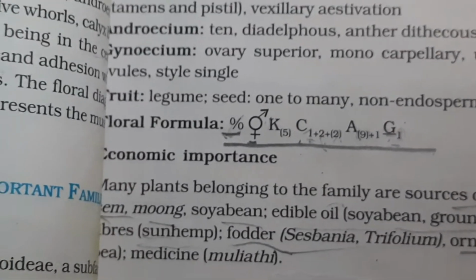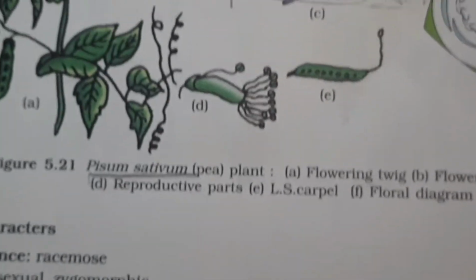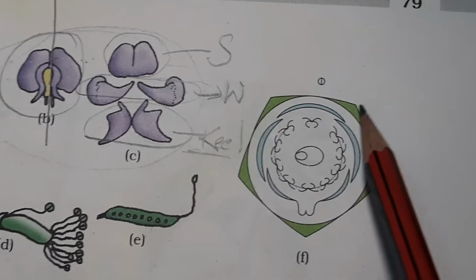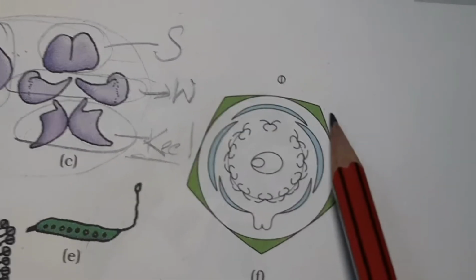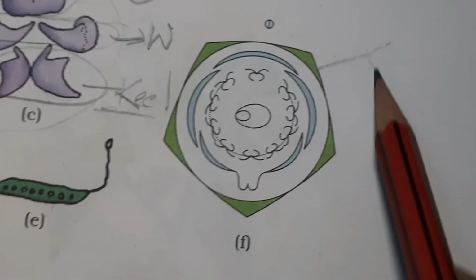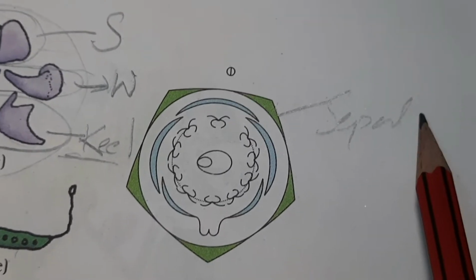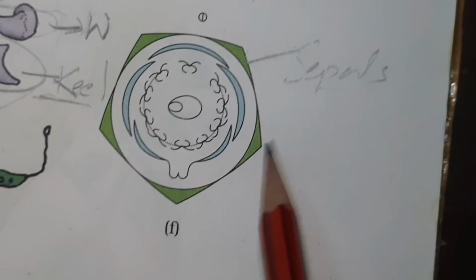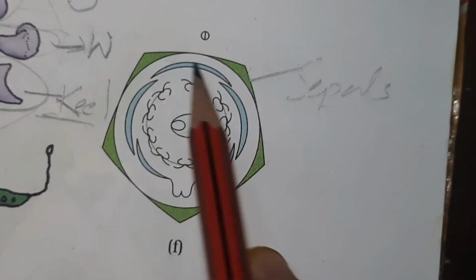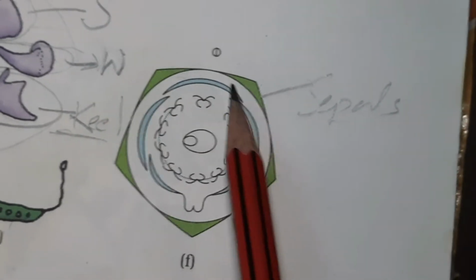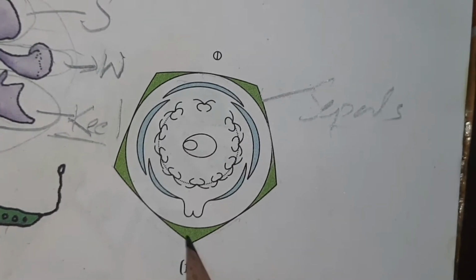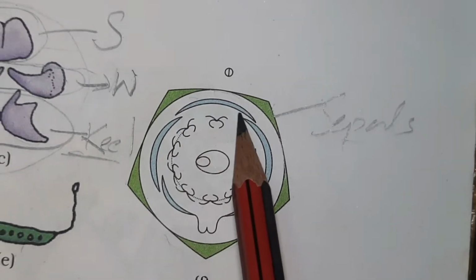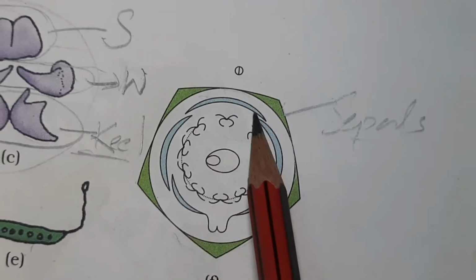First of all, let's check the floral diagram. In this floral diagram, these green ones are the sepals, or we can say calyx. We can better see that all these 5 sepals are united together. These blue ones are the petals.